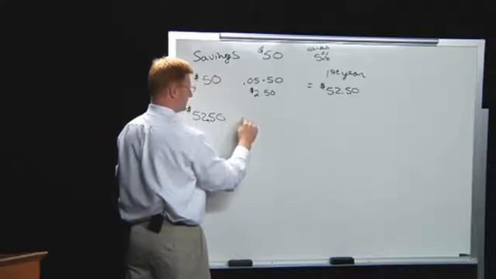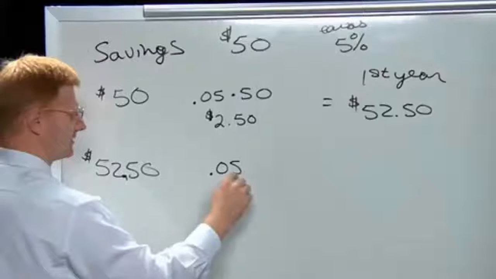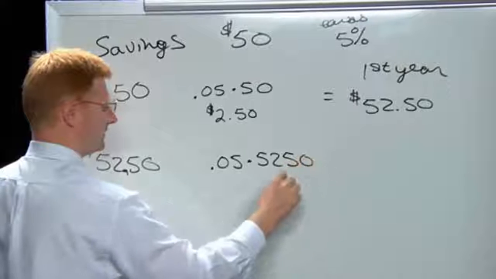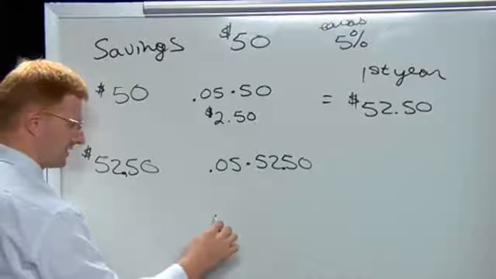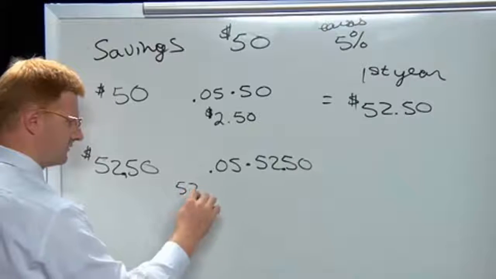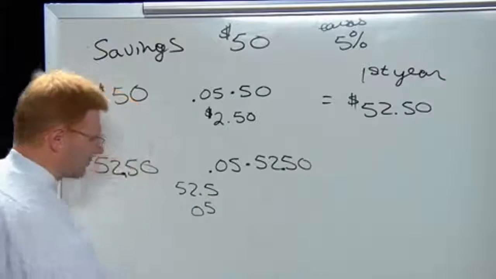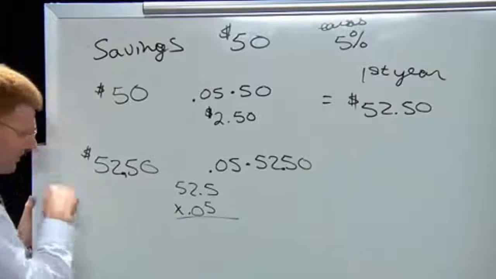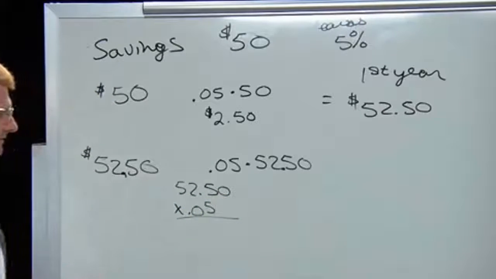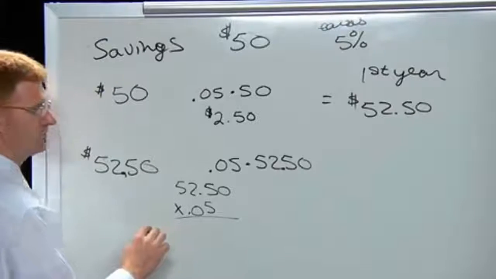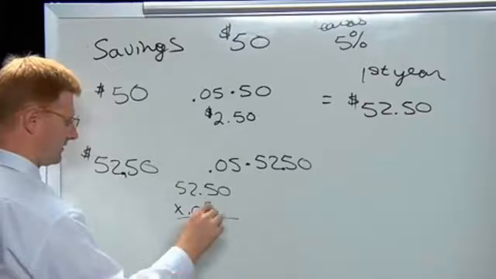And we're going to add to it 5% times $52.50. Now in this one, you may have to do it by hand. $52.50. And when you times those out, we should get 2, what is it?